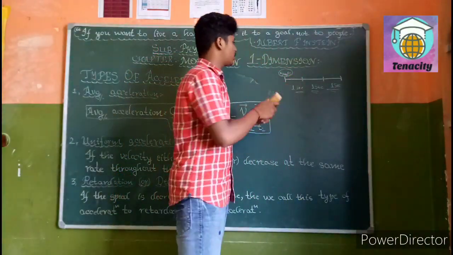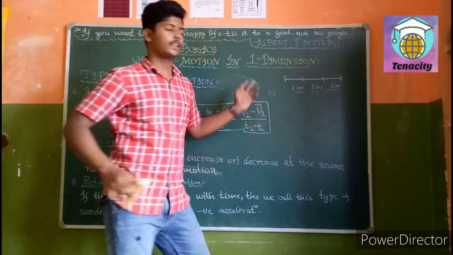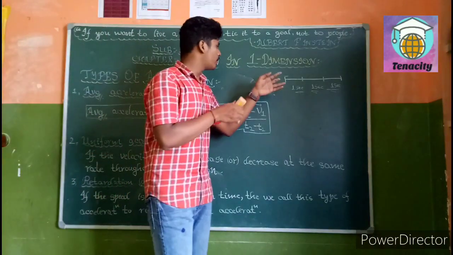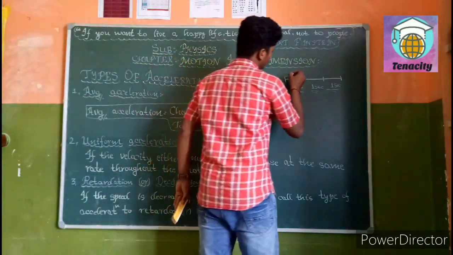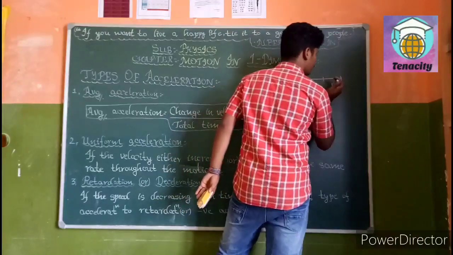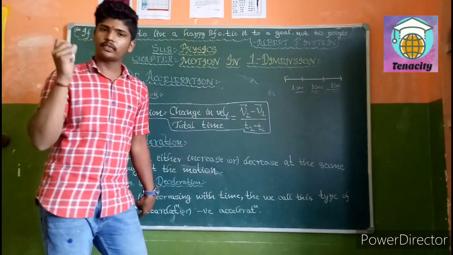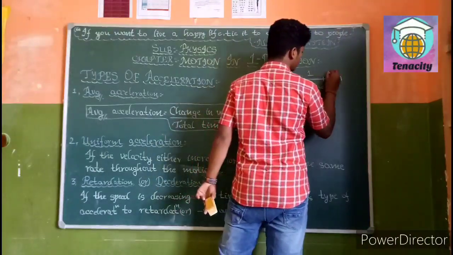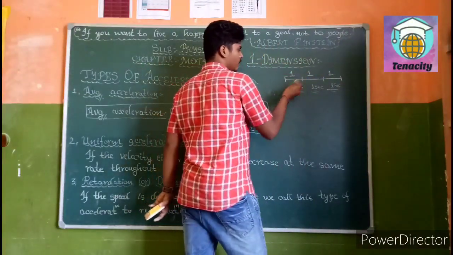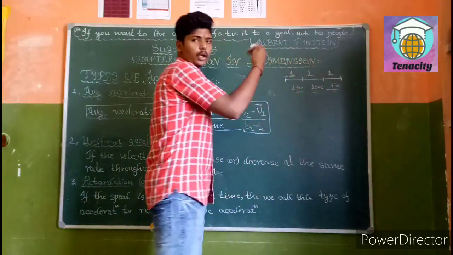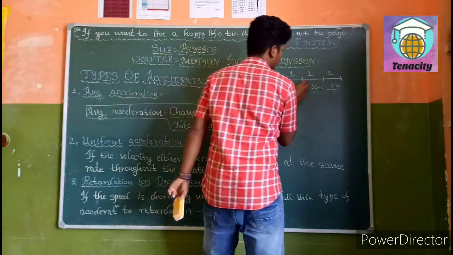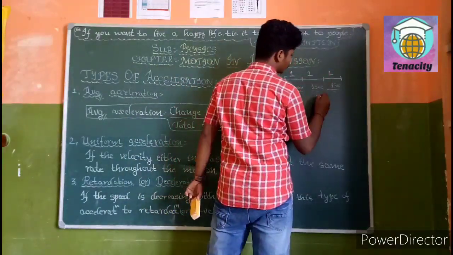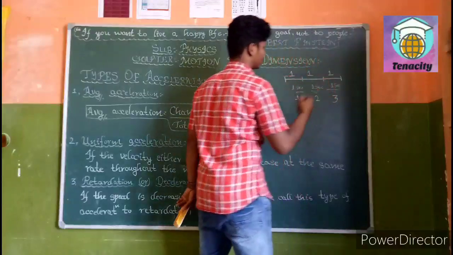There is no use of mentioning velocity while discussing uniform acceleration. At each and every interval of time, if the acceleration changes by the same rate, 1 meter per second square each time, that means if in this interval the acceleration is 1, it becomes 2, then 3.